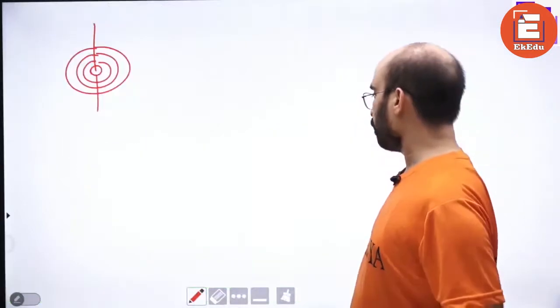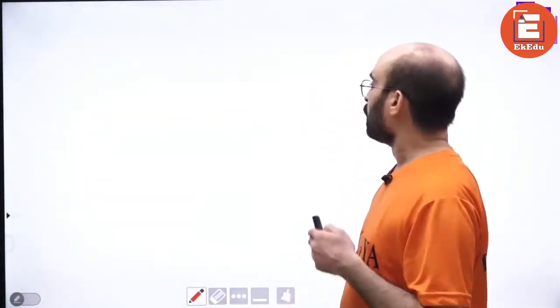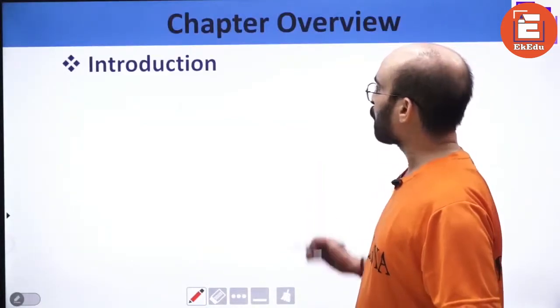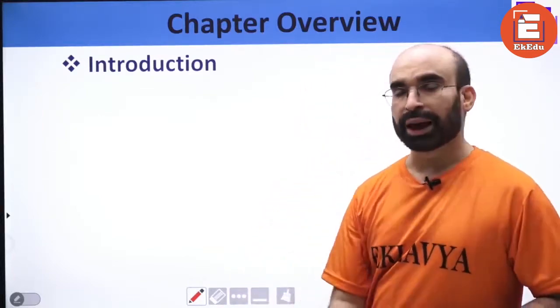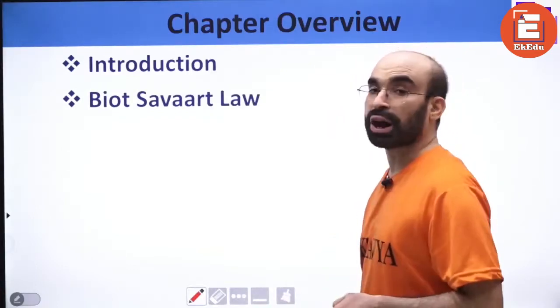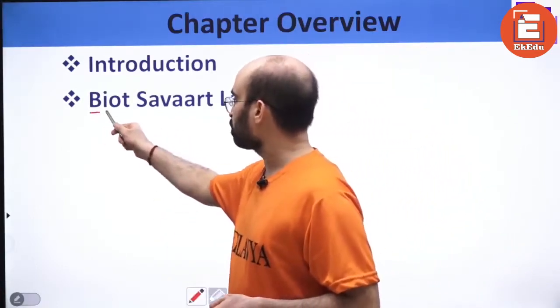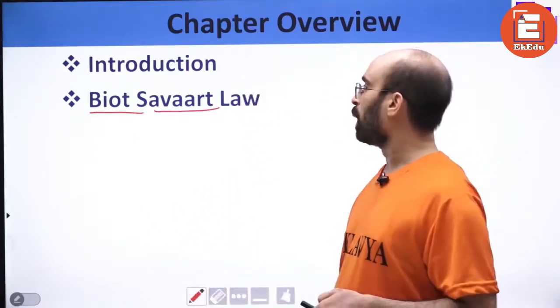Okay, so first of all, the chapter overview. Let us understand what all topics we are going to discuss in this chapter. First is the introduction, then Biot-Savart law. Although it is written in this manner, we pronounce it as Biot-Savart law.